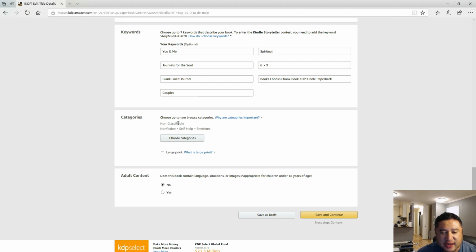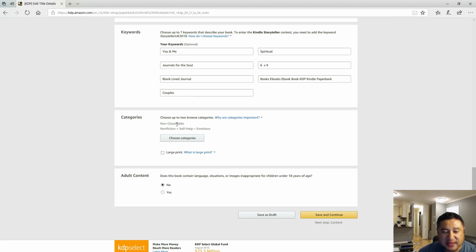Second, I would usually not file under non-classifiable, but you want to choose a second category that is not general. You don't want to do, for instance, nonfiction, self-help, and then general for a category, as that puts you in a whole slew of other books, and that drastically decreases your chance of being visible for your title in a given niche.